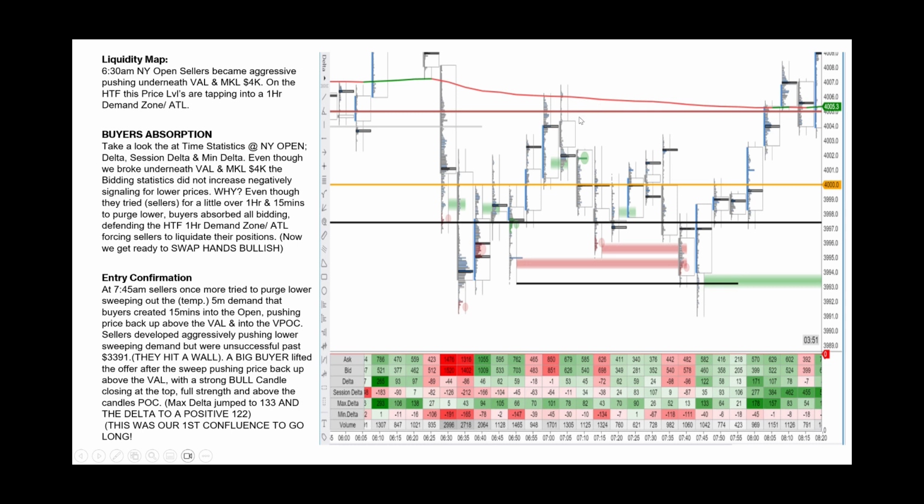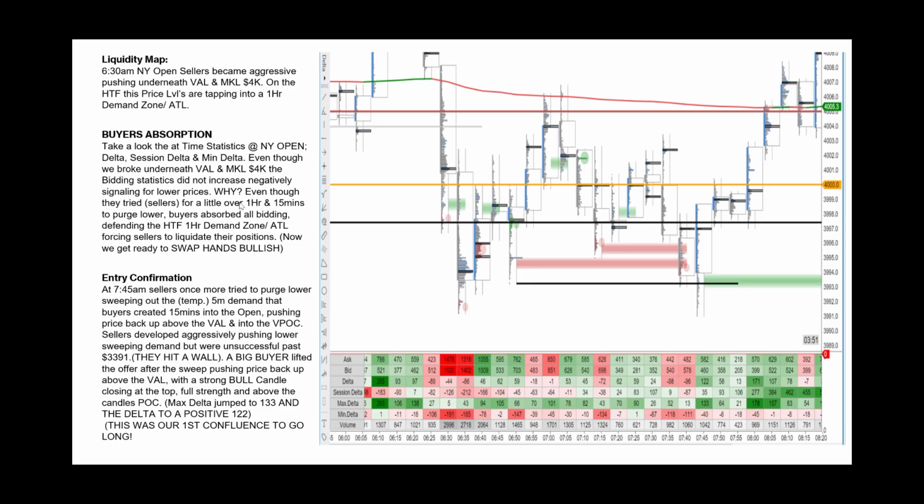All right, sellers got aggressive, pushed price back down off of the volume point of control, and then we swept out this 5-minute demand. Okay, so buyers absorption. Take a look at the time statistic at New York Open, the delta, session delta, and delta. Even though we broke underneath the value area low on major key level 4K, the bidding statistic did not increase negatively, signaling for lower prices.